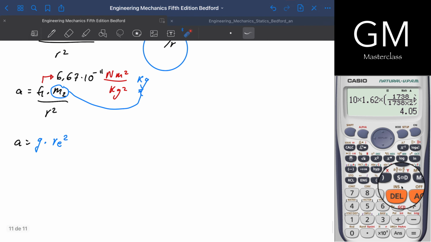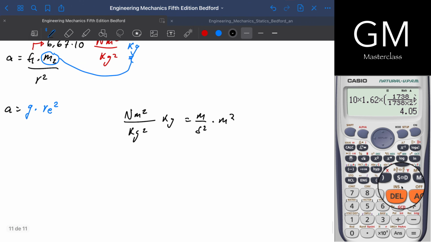Now, let me explain why this is the same thing. Newton meter square, kilogram square, kilogram is equal to meter per square seconds multiplied by meters to the second power.